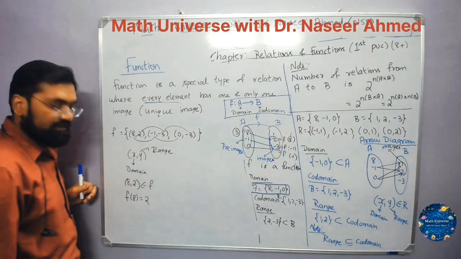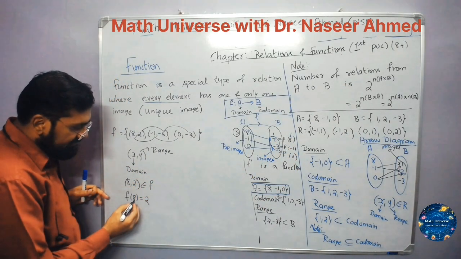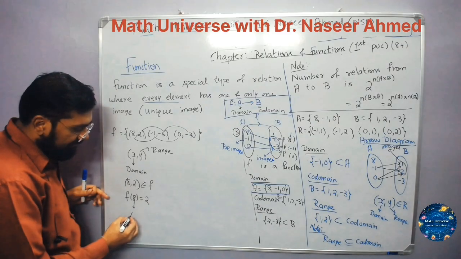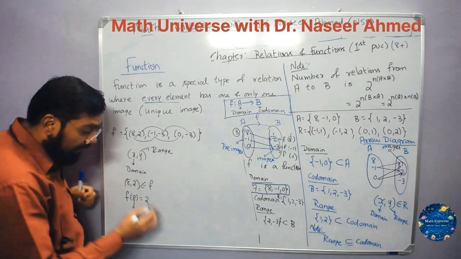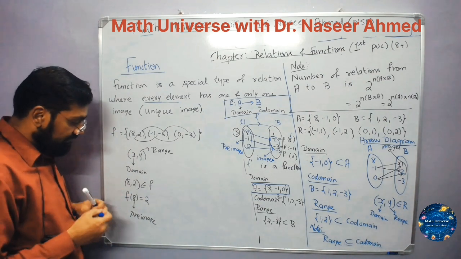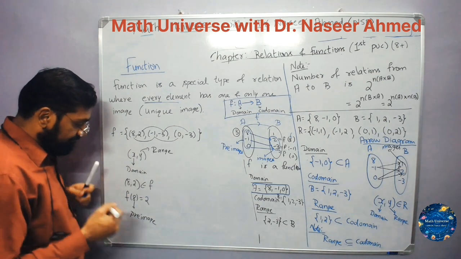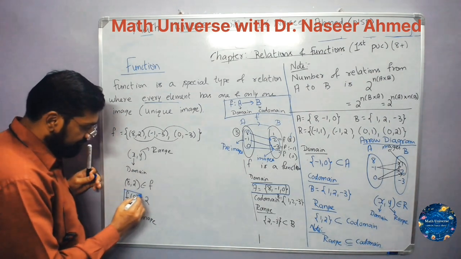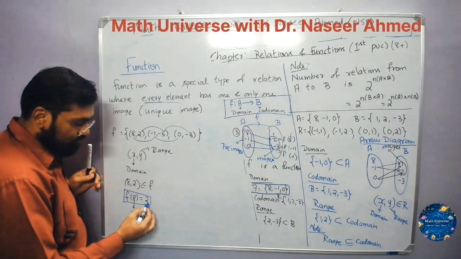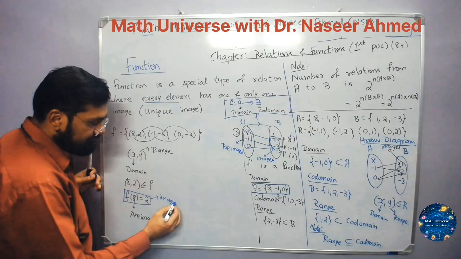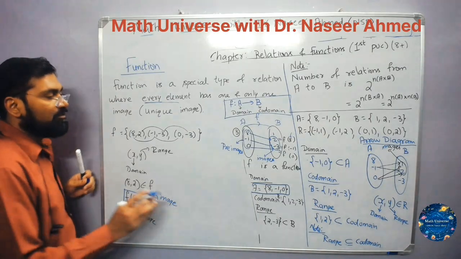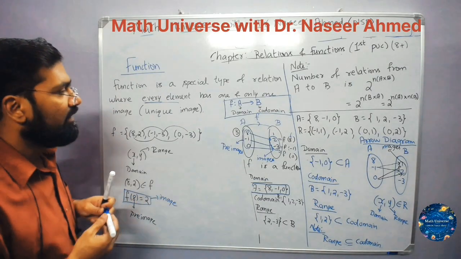So always the term inside here is your pre-image. And this entire thing, whether 2 or F of 8, both are what? Image. I hope this point is clear. Fine.